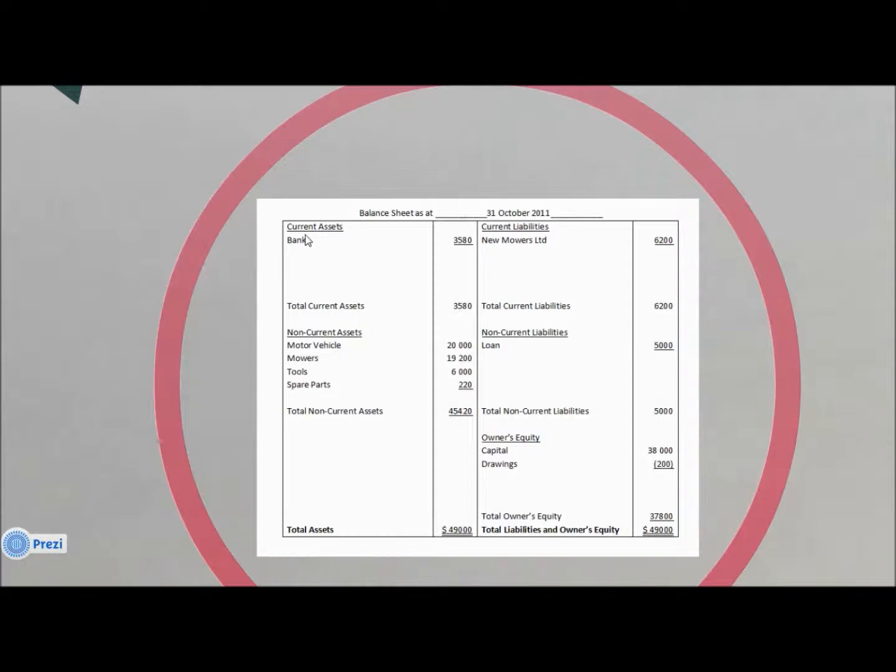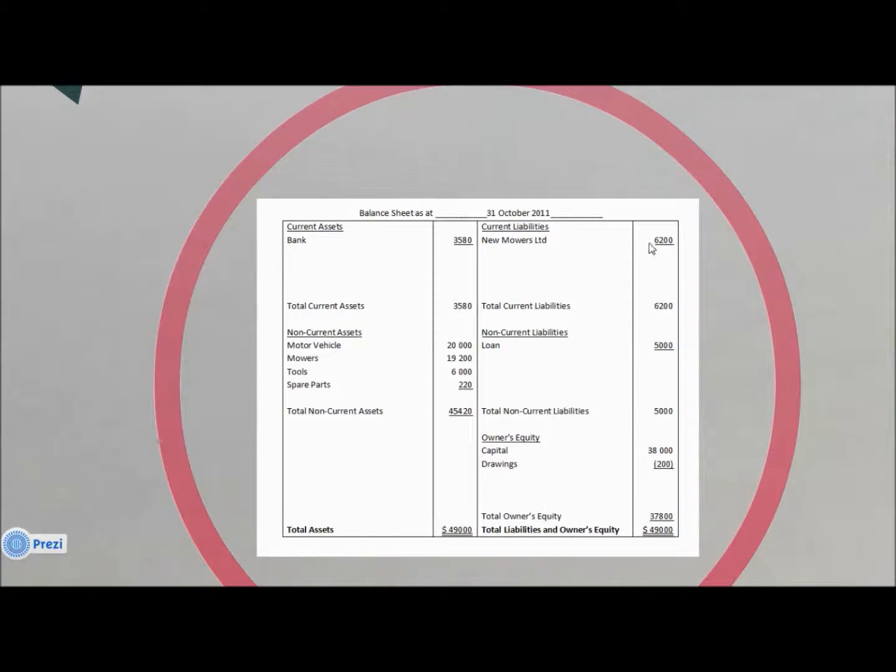And we should add the current assets here, add the non-current assets here, add current liabilities and non-current liabilities, and the owner's equity.